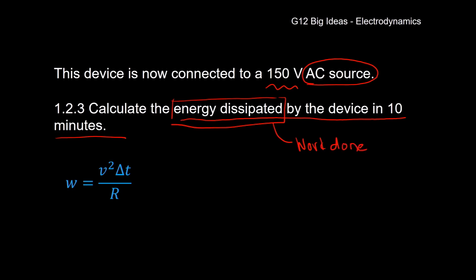Okay. They give me a value for time which is 10 minutes. If you remember back, work done or energy dissipated, the unit is joules per second. So when I'm working with these values, I have to convert the minutes into seconds. And so we do that by saying 10 times 60.